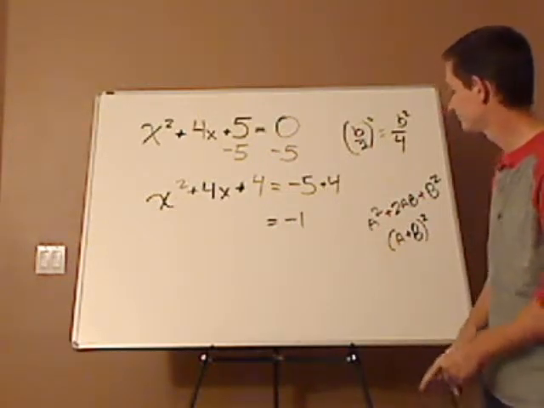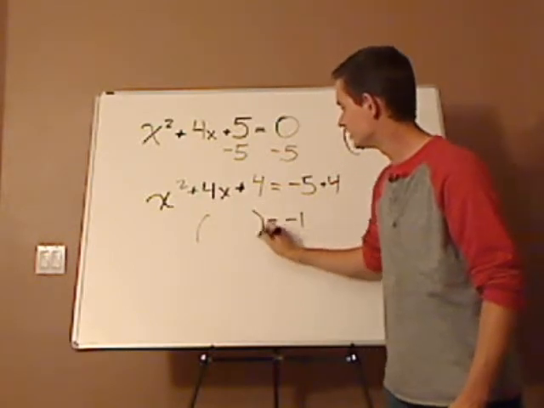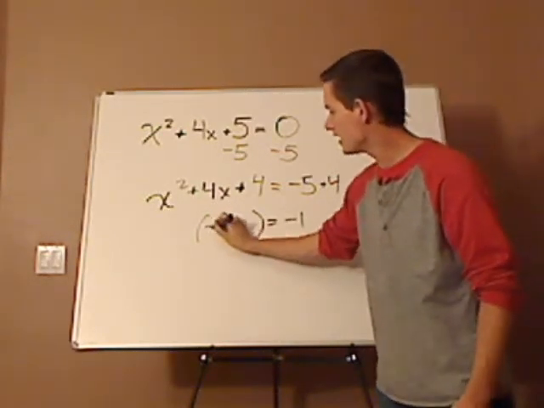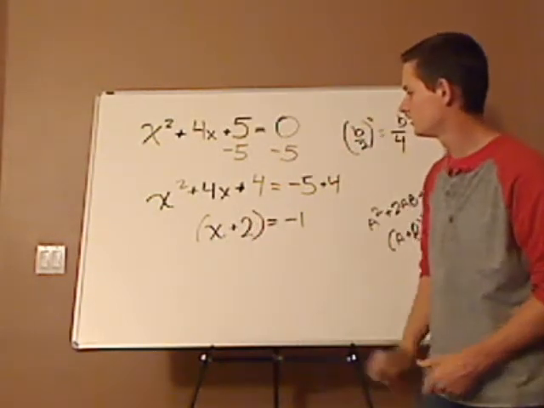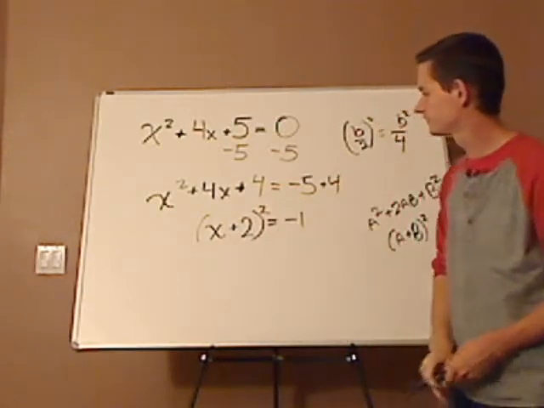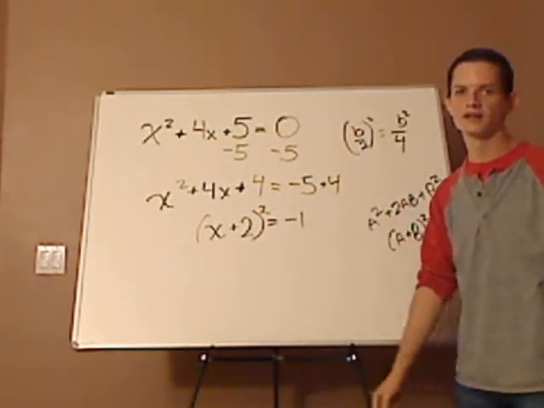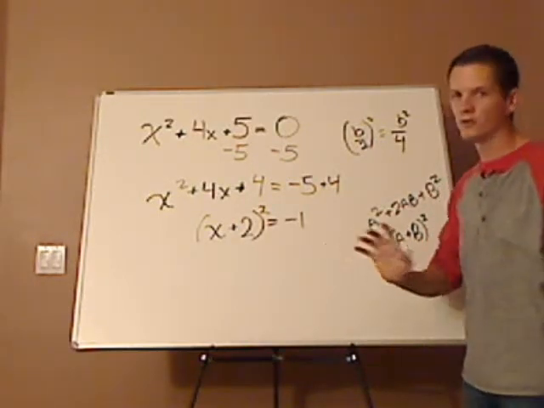So this will be in parentheses, because this is a perfect square. You factor it, you're going to get x plus 2, squared. See why it's called completing the square? Because now you have a square. And now you want to simplify. But before that, let me point out something.